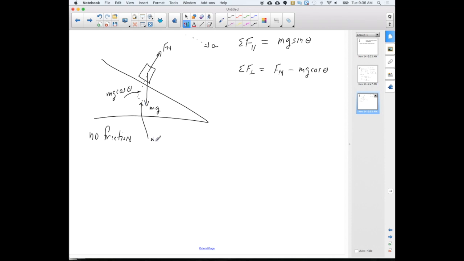That side there is mg sine theta. This is equal to MA parallel to the incline, MA perpendicular to the incline, and so MA parallel is mg sine theta. The m's cancel out. Acceleration down the incline looks like g sine theta.